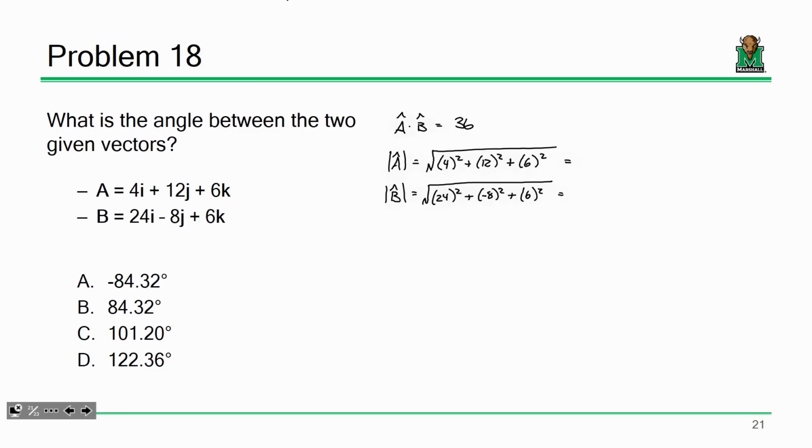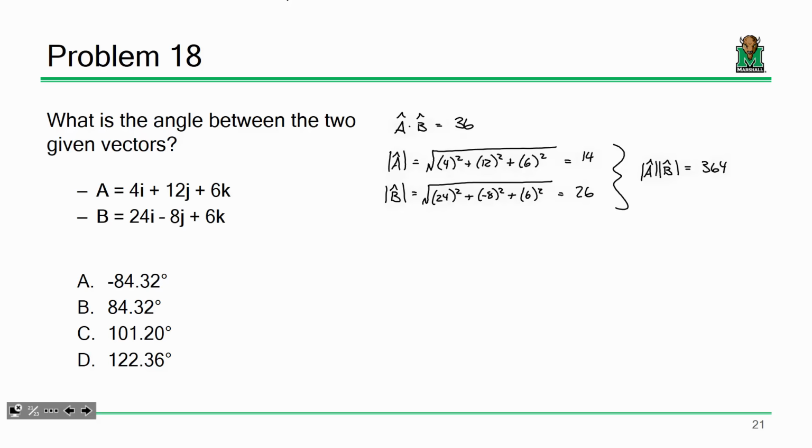And what do we get for each of those? So multiplying those two, I get 364. Sound good?